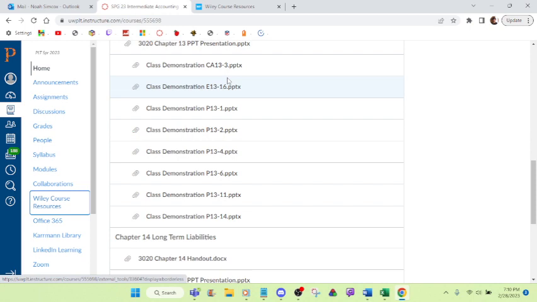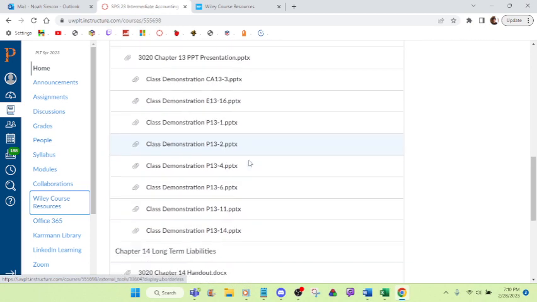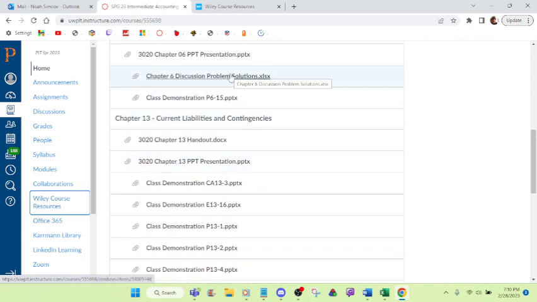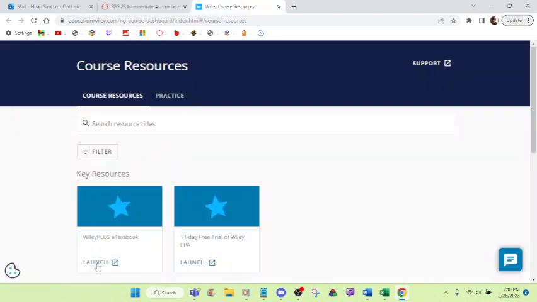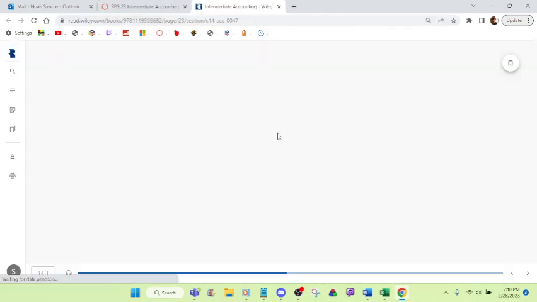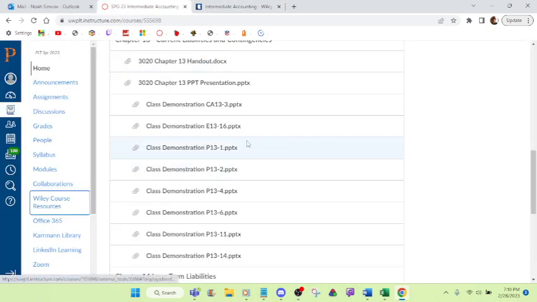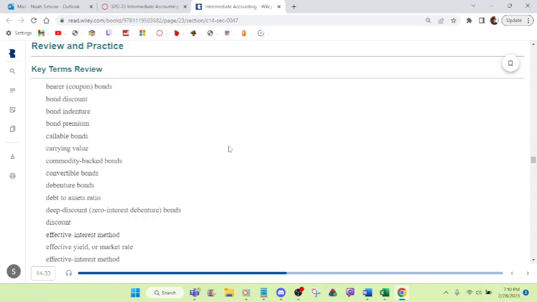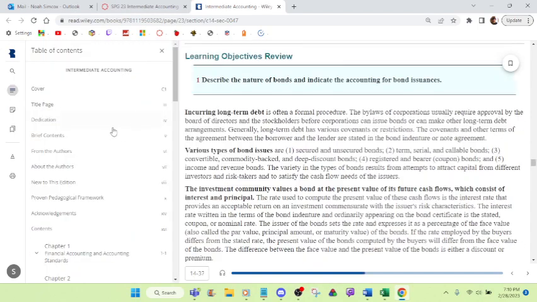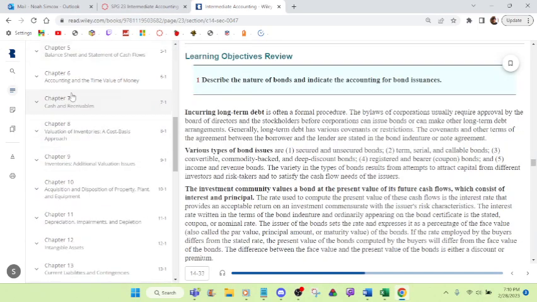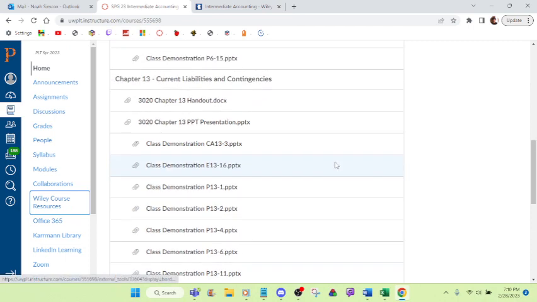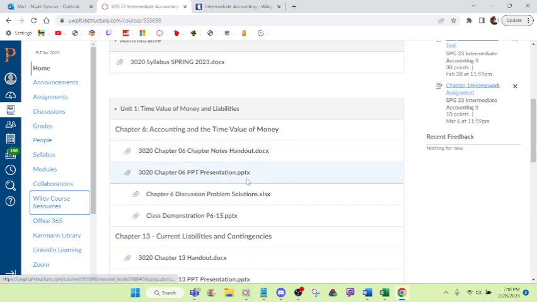Dude, aren't all these PowerPoints the same thing as this? I'm confused. CA 13.3. No, wait a minute. That's chapter 13.